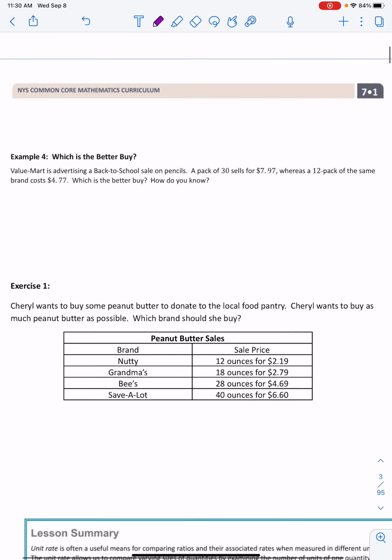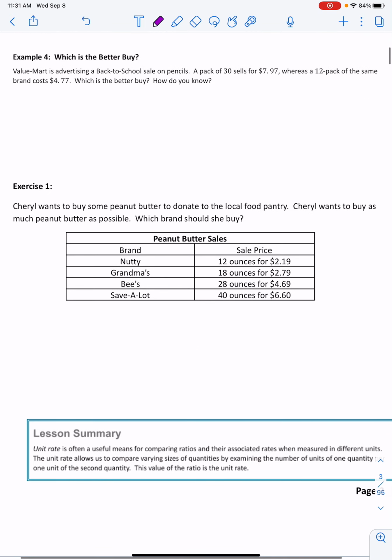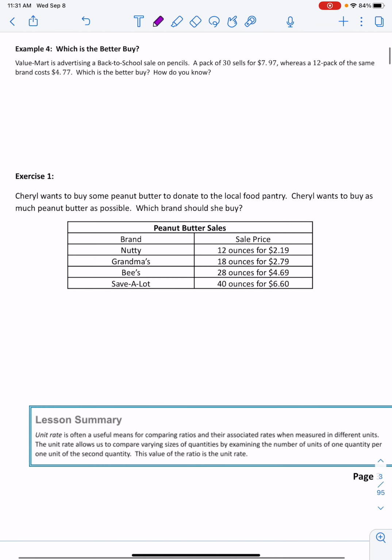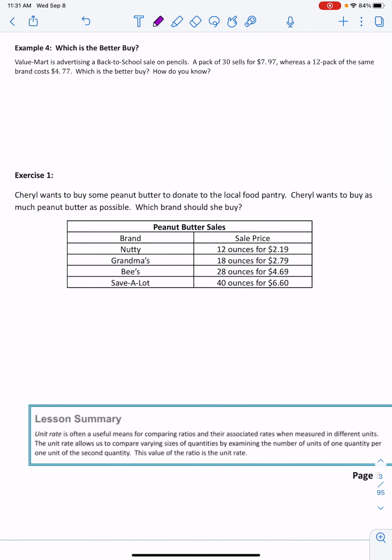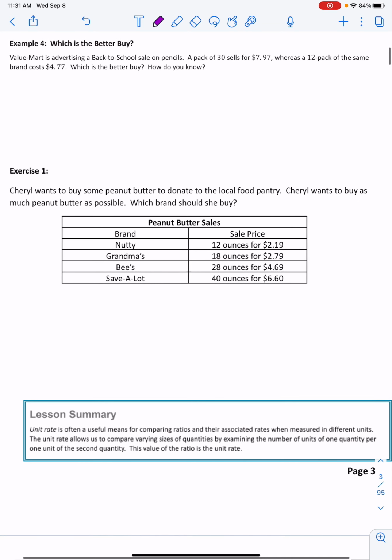Our next example is example 4, which we are comparing to find which is the better buy. It says Value Mart is advertising a back-to-school sale on pencils. A pack of 30 sells for $7.97, whereas a 12-pack of the same brand is $4.77.